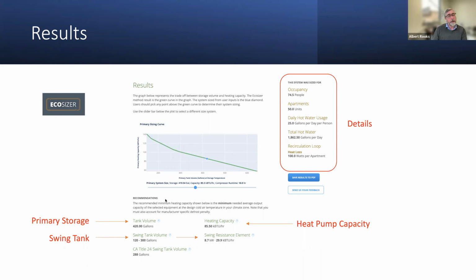Other than that, I can also slide it to the left and say, well, you know what? Tanks come in 500 gallons, so I'm not going to find a 419.5 gallon tank. I'm going to get a 500 gallon tank, so I'm going to slide it over to 500 gallons. And if I have more storage, I don't need that full 85.5 recovery rate, so I can live with a smaller heat pump.